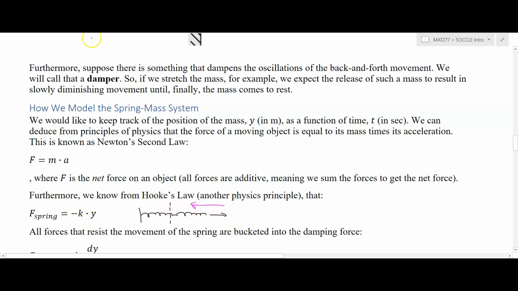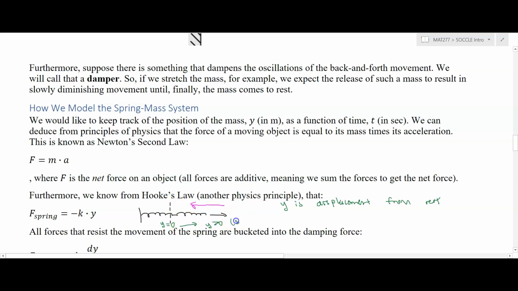So if we define y equals 0, y is the displacement from the rest point. If you put no compression or stretch on that spring itself, it would want to stay coiled up right here and stay stable at y equals 0. Now we're going to define any movement going this way to be y greater than 0.